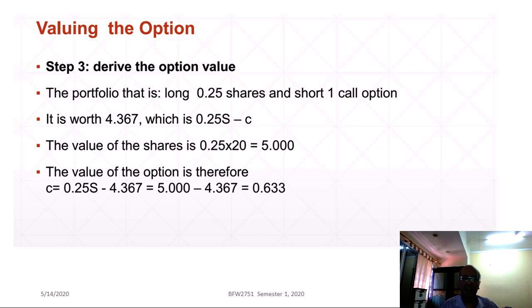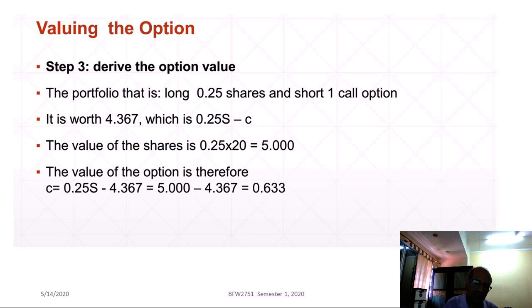Even in the next method, the risk neutral approach, you're going to see the same value, 0.633 for this same example. Okay. So the price of the option itself, or the premium of the option right now, is 0.633.